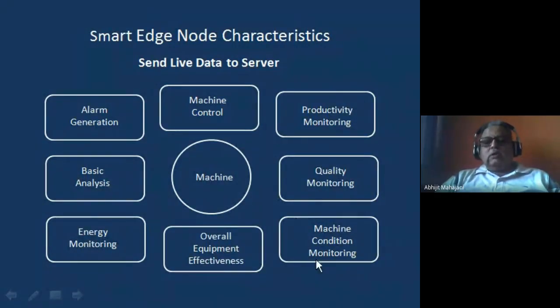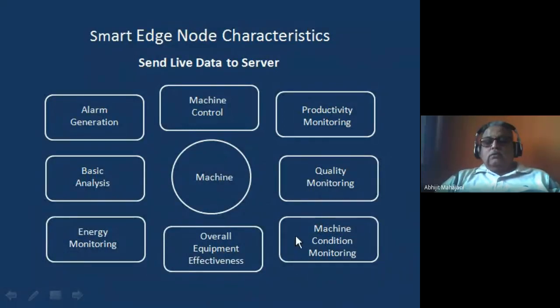So productivity monitoring, quality monitoring, and machine condition monitoring. That is the third one that is very crucial for any kind of business, because your machines can go down, your machines can start malfunctioning, and they all contribute to your productivity and quality going down. So your machine condition must be monitored all through. And for that you have sensors like pressure, temperature, vibration, all those kinds of sensors mounted on your machine.